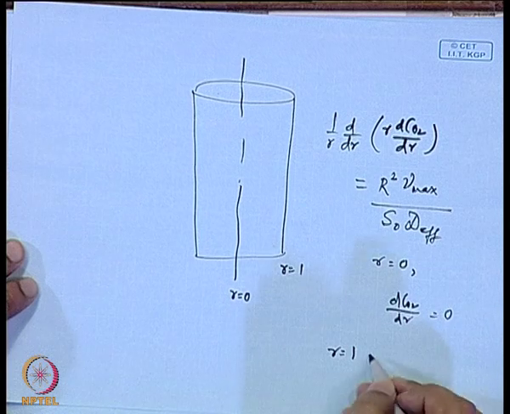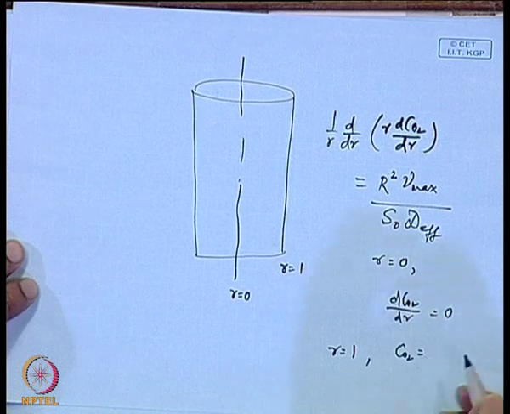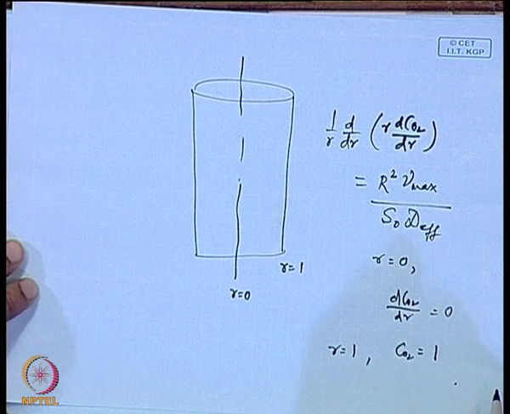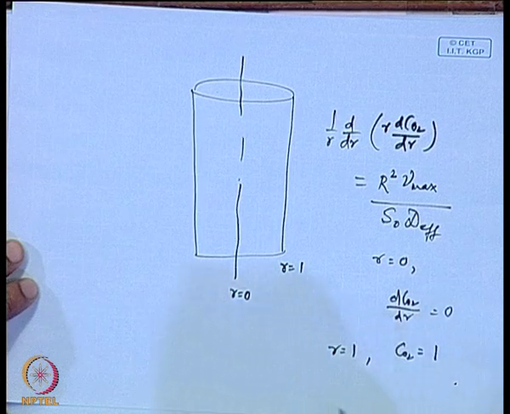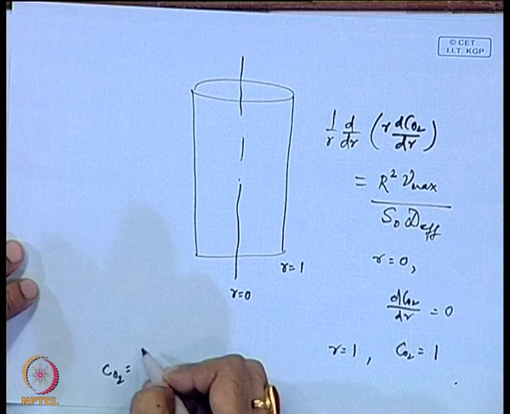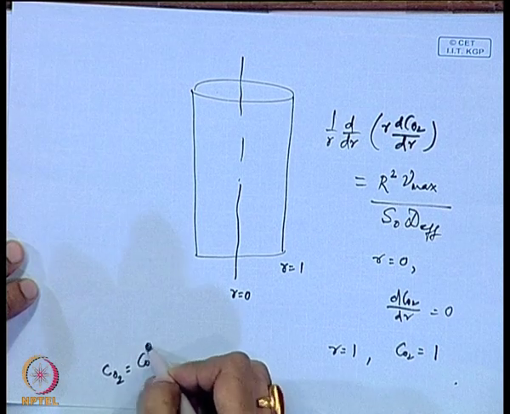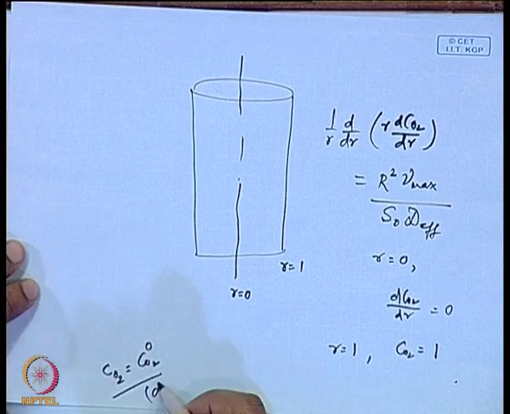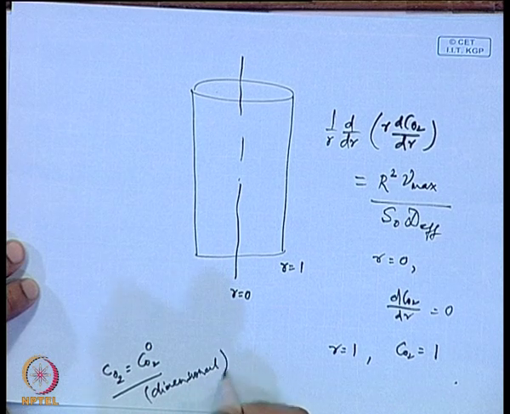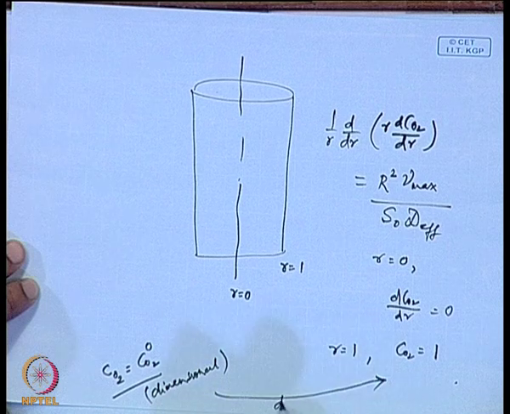So, CO equals 1 in the dimensionless coordinate, which means that the actual value of concentration is some value CO naught, in dimensional form. When you turn it into dimensionless, this is what you get.